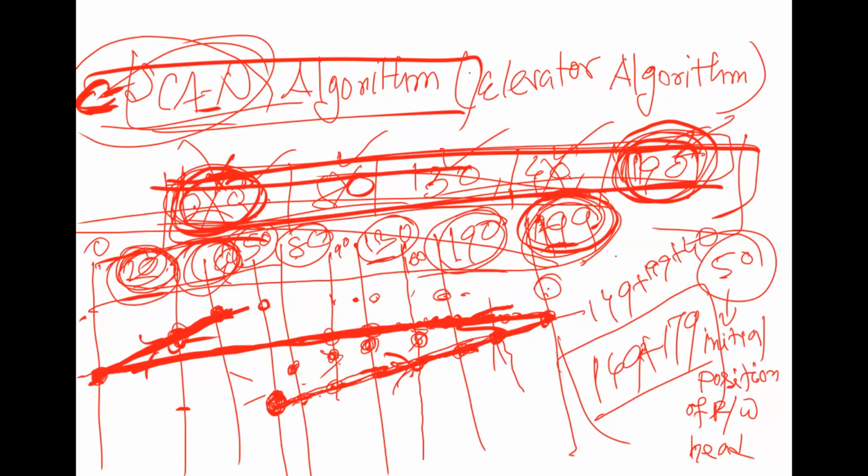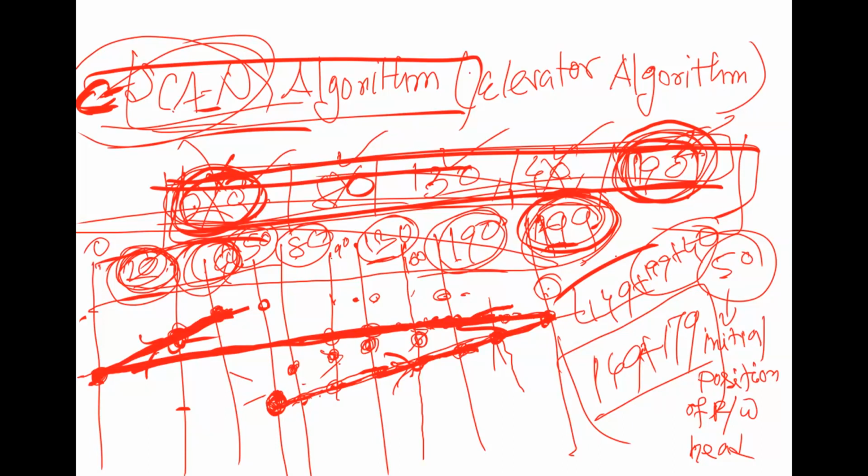So it needs a little bit more track movement compared to the scan algorithm, but it provides you a uniform waiting time. Okay, and for disk scheduling, this can also be used.